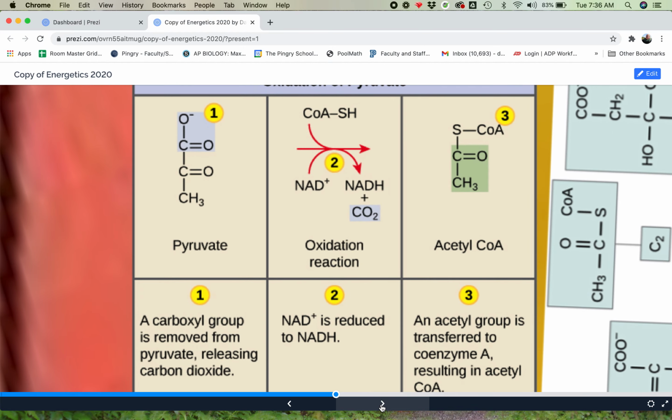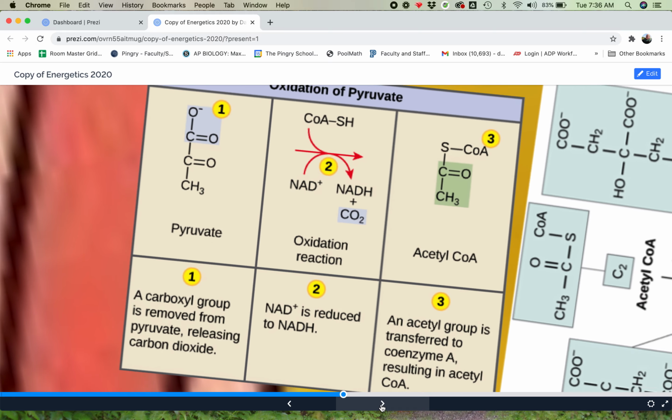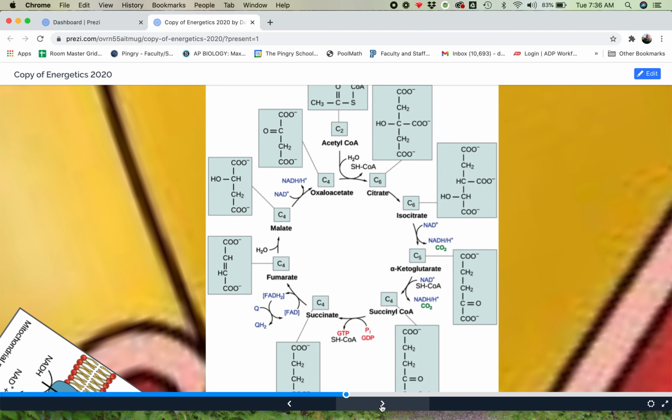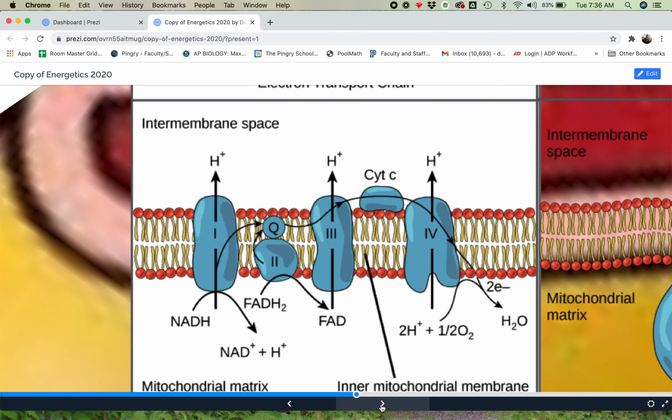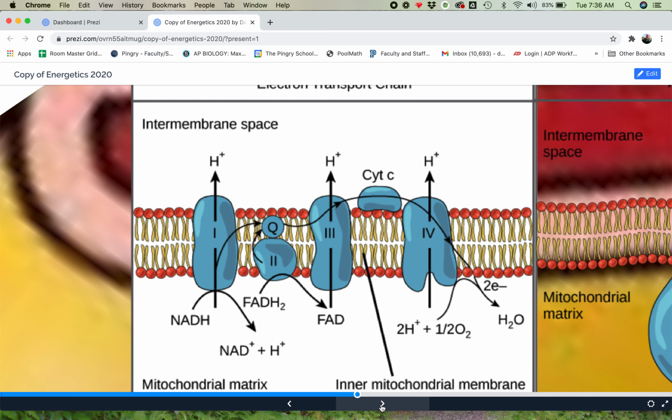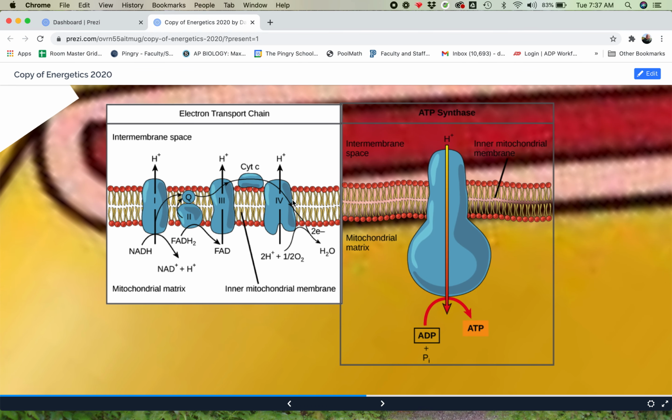This is entry of pyruvate into the mitochondria, and there's the Krebs cycle. Now you don't have to memorize any of these, and here's the electron transport chain, because you can always look at a diagram. But one common theme is moving hydrogens into an intermembrane space and then tapping that to get energy out of it.